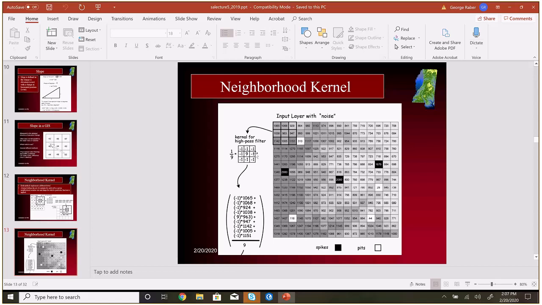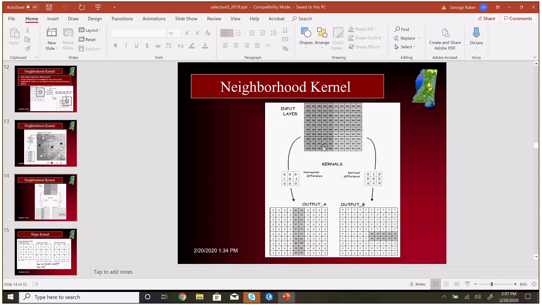So we multiplied all of the neighbors by -9 and the focus by 9, and then added all those values up. And that would basically accentuate noise. Well, what we want to do is accentuate change. And so the neighborhood kernels that we're going to use to accentuate change look just like this.